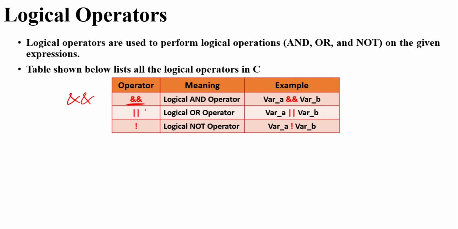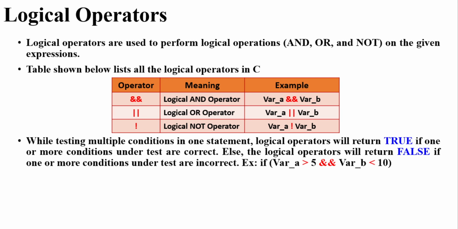Similarly, for logical or, we use two pipes. And for the logical not operation, use a single exclamation mark. In this way we can check logical and, logical or, and logical not operations. So these are the three logical operations which are available in C.